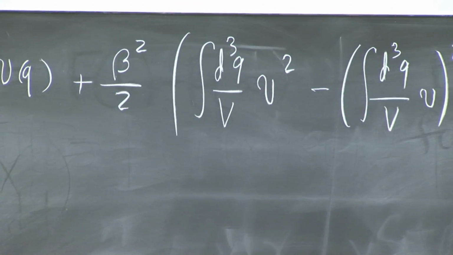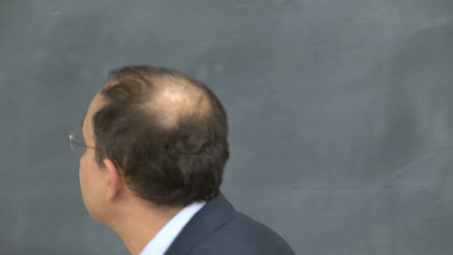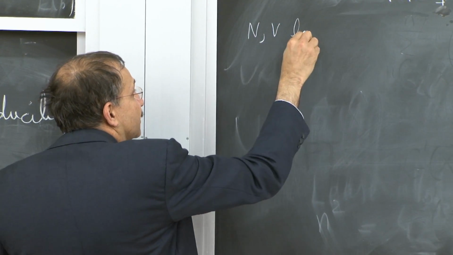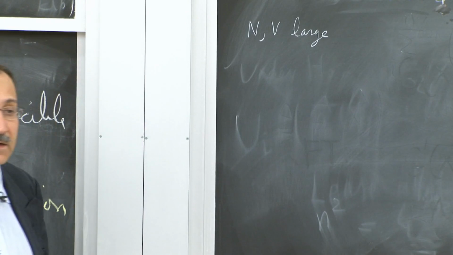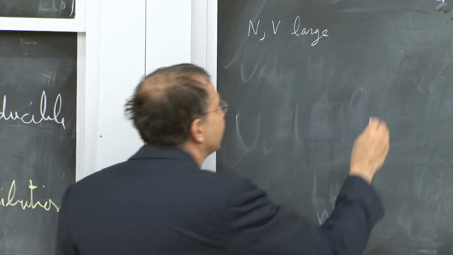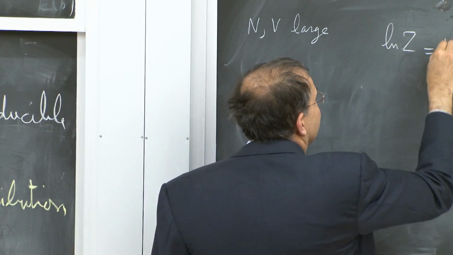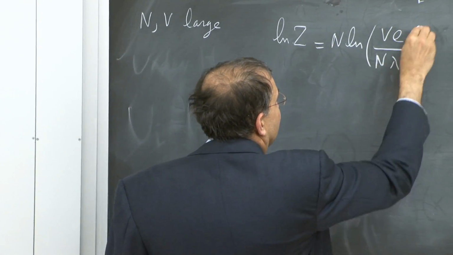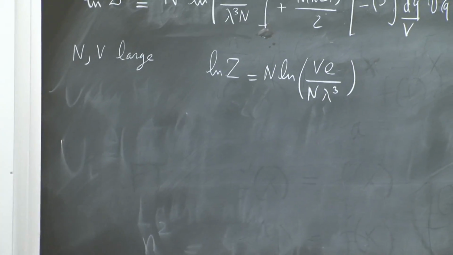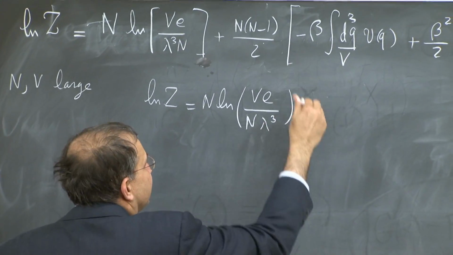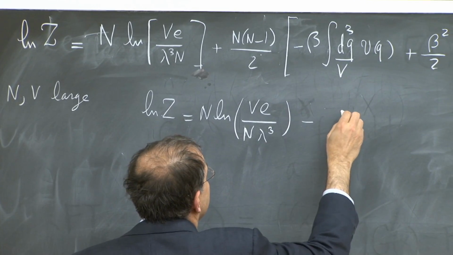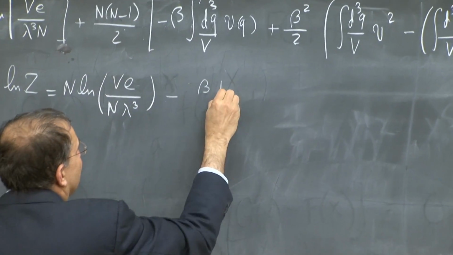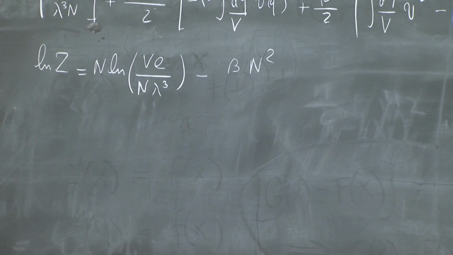Now I'm interested in the limit of thermodynamics where n and v are large. And in that limit, what do I get? I will get log z is log of z0. And then I can write these terms as beta, n minus 1 I will replace with n squared.